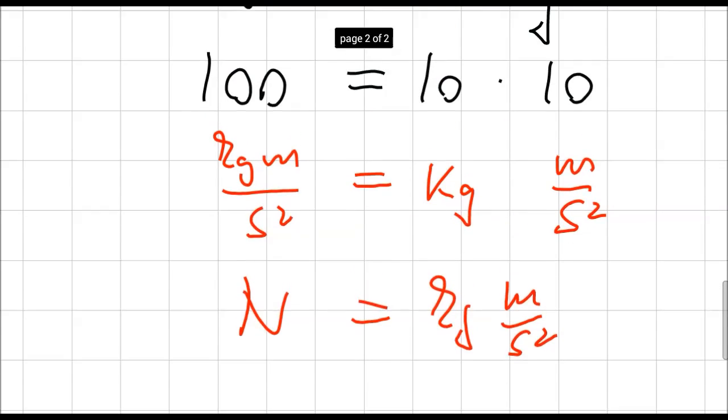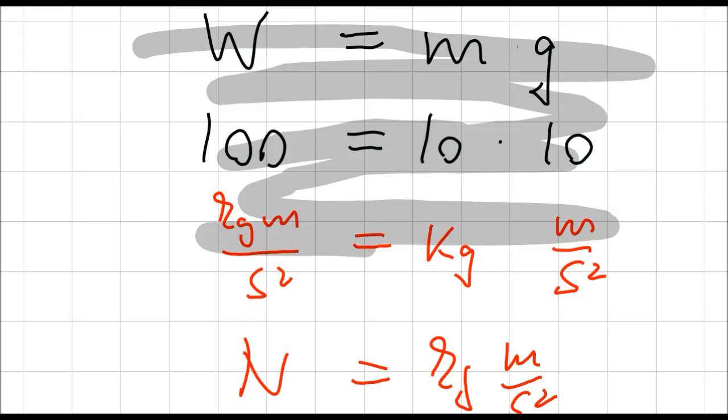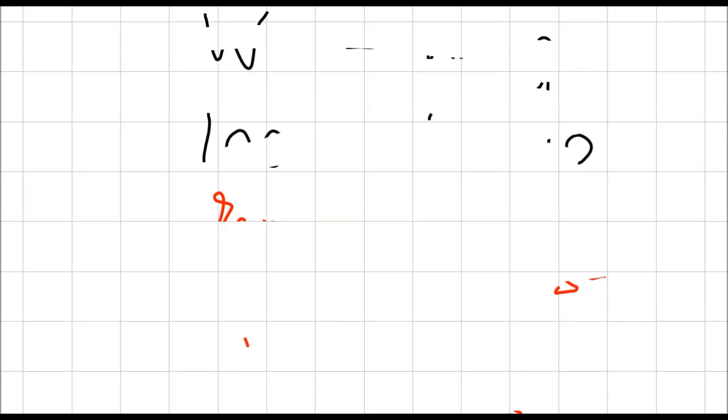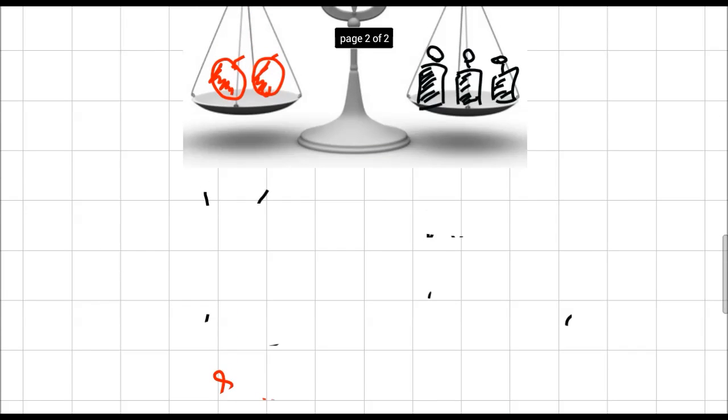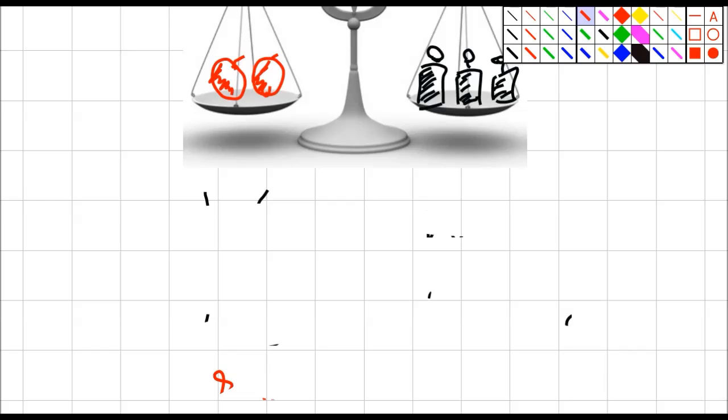So I take my scale, and I say on the left hand side I shall have weight equals mass times gravitational acceleration.